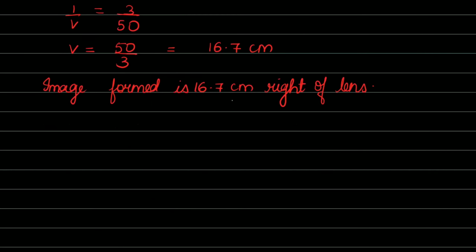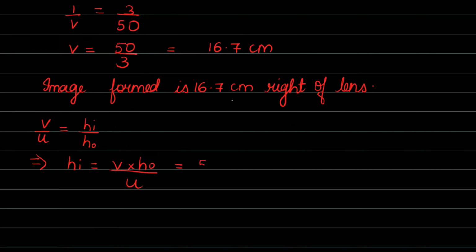We also know the formula V upon U equals to H upon H naught. So this can also be written as, if we have to find out the value for HI, so HI can be written as V into H naught divided by U. So the value for V is also 50 by 3.